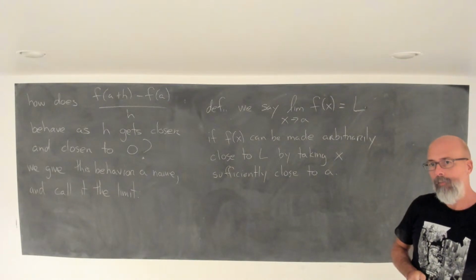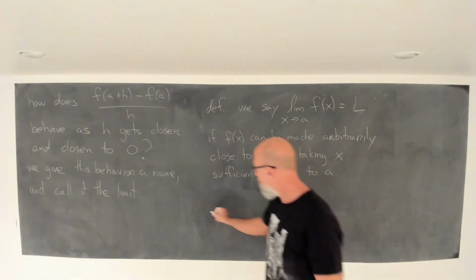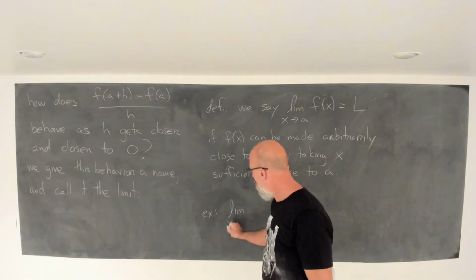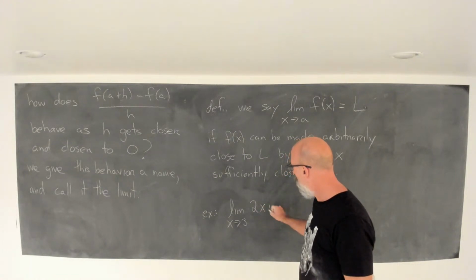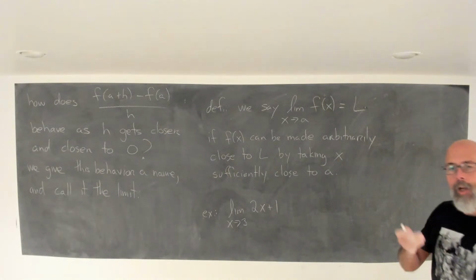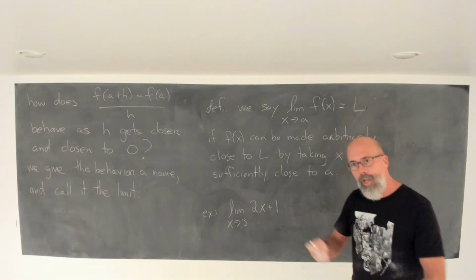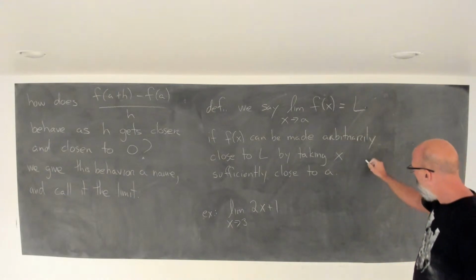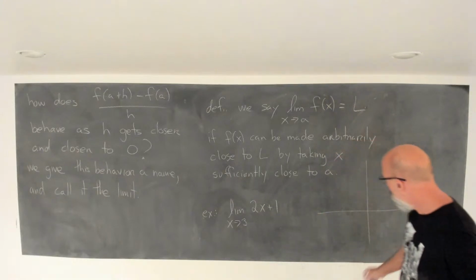Let's take an example. What is the limit as x goes to 3 of 2x plus 1? Let's take a moment to graph this. We'll get an understanding of the limit process from the graph. You know what the graph of this looks like. It's just a straight line.